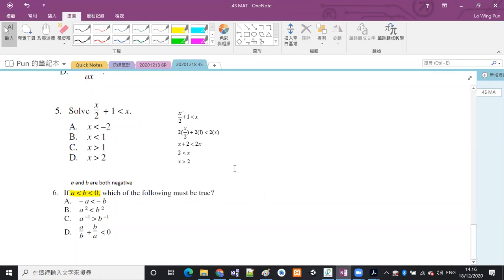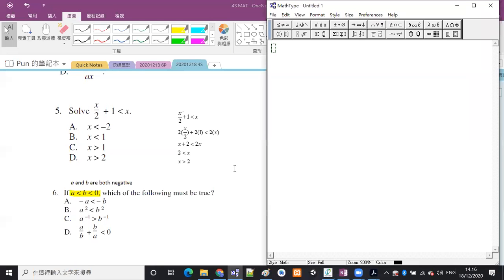We just bear in mind that A and B are negative. It is given that A is less than B, okay? And we just bear in mind that they are negative. If A is less than B, then how about negative A and negative B? Which one should be larger?